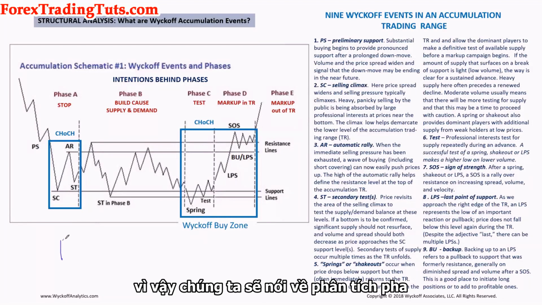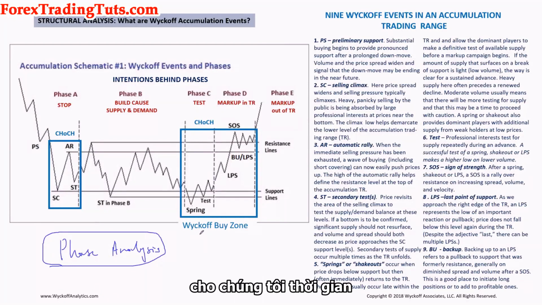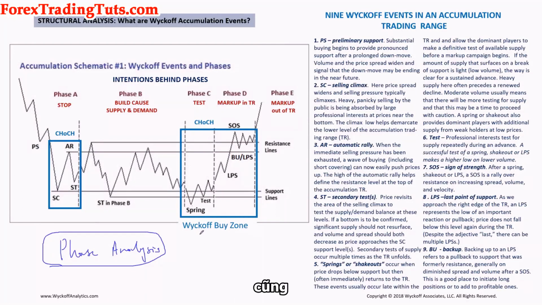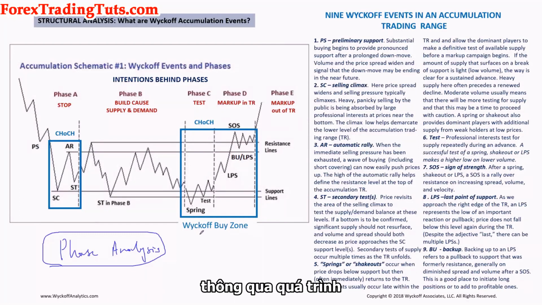So we'll talk about the phase analysis. And phase analysis is extremely important because phase analysis gives us the timing. It gives us to a certain degree the bias as well. But more importantly, it guides us through the process of how the trading range unfolds.